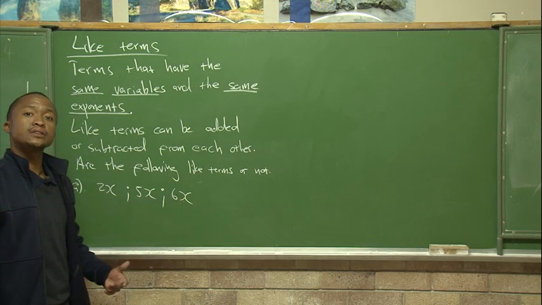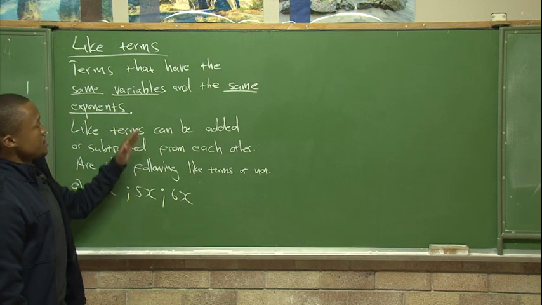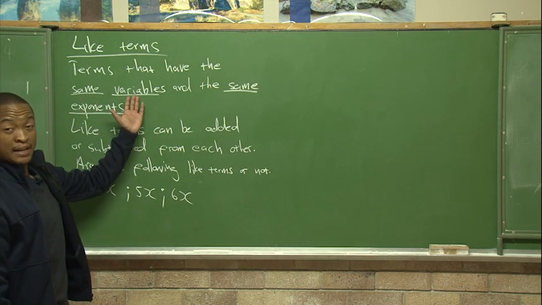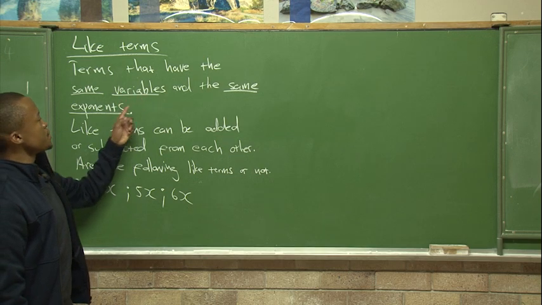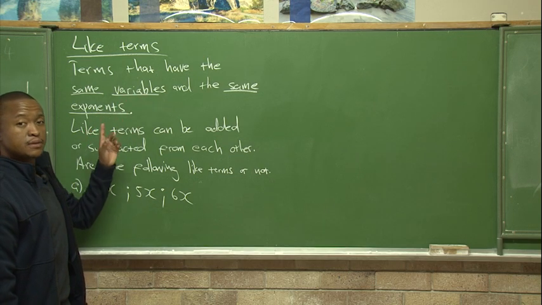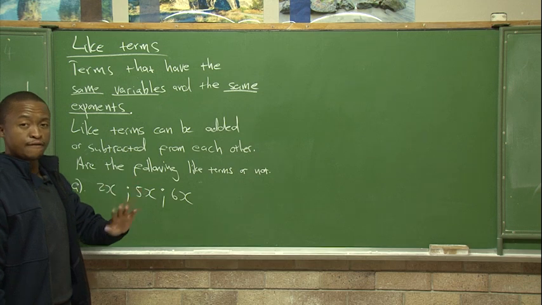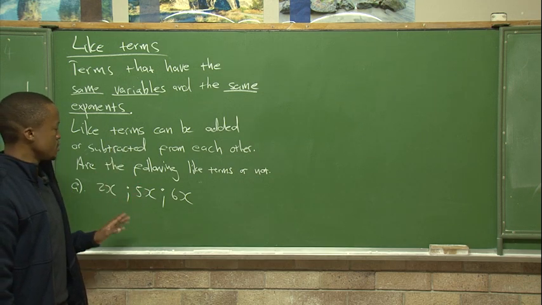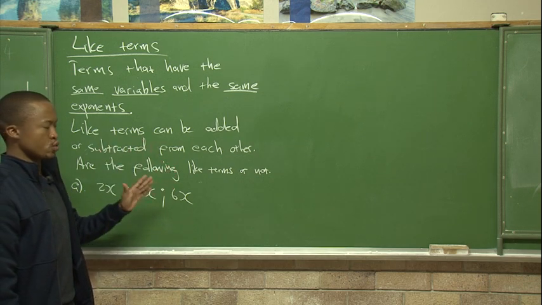We want to know, are they like terms or not? Remember, the definition is they must have the same variables, and those variables must also have the same exponents. We don't look at the coefficients, we look at the variables.